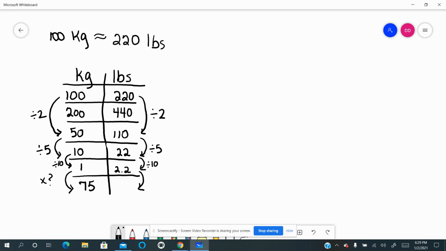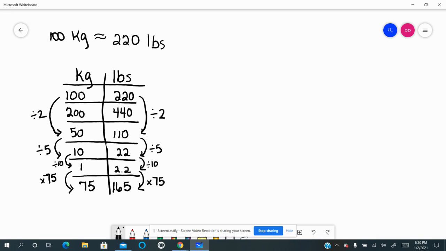Well, that would be 75 times greater. So this is multiplied by 75. And if you multiply that side by 75, you also multiply this by 75. 2.2 times 75. Let me get the calculator out here. And it looks like it's about 165 pounds.